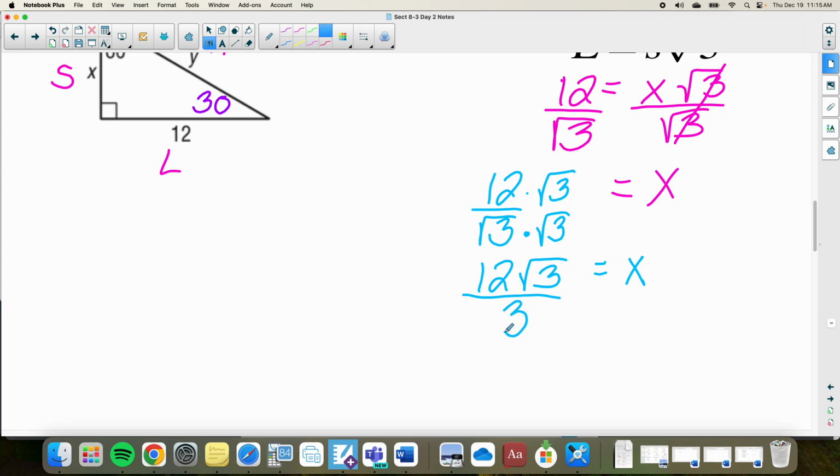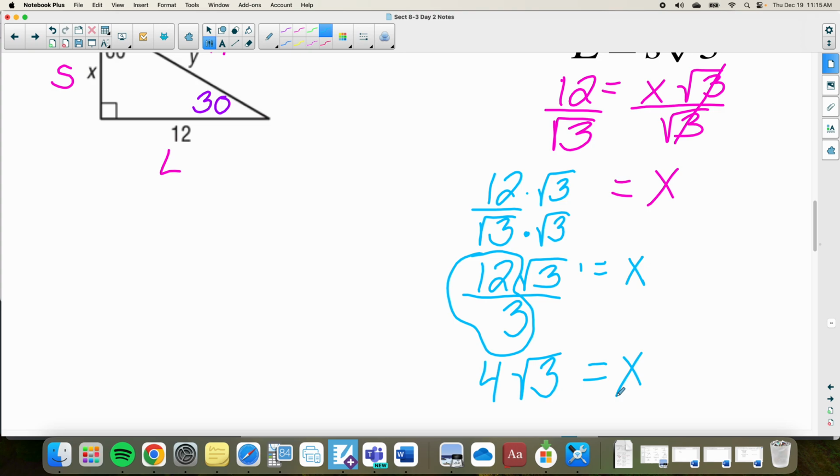And then do you guys remember how you can't simplify what's under the radical, but you can simplify this? 12/3, what does that reduce down to? 4. Okay, so 4 √3 is one answer that you could have had. If you went back and just typed in 12 √3 or typed in 4 times √3, they'd be the same.